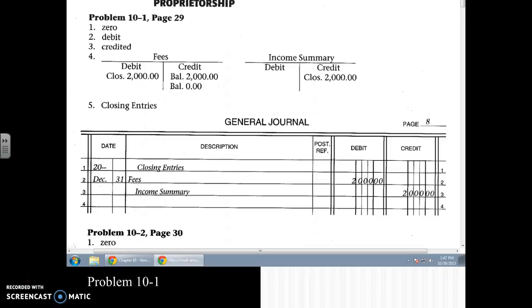In this case it is page 8, and we will label this page of the general journal closing entries, and then we will begin our closing process. Notice the closing process begins on December 31st. So we will first close out fees. We will debit fees for 2,000 and credit income summary for 2,000. That closes out and zeroes out our revenue account fees.